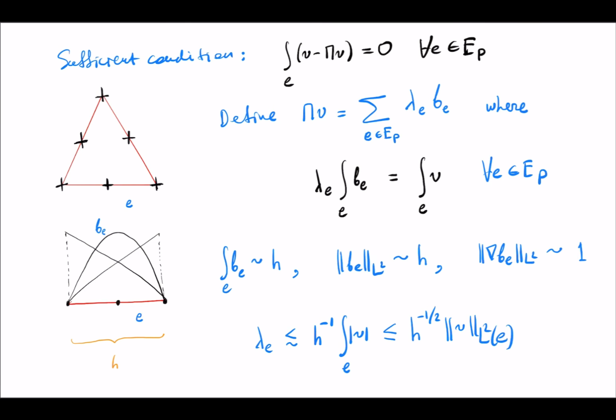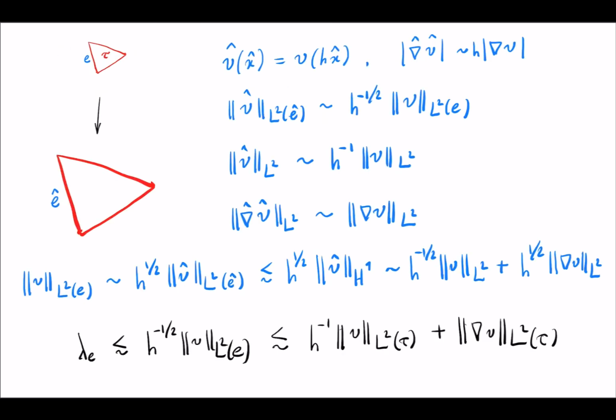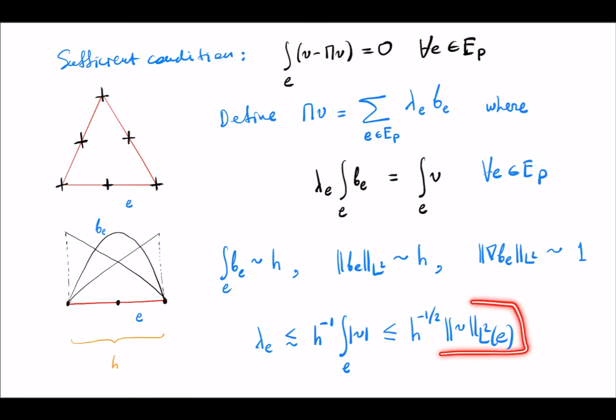Ultimately, of course, we want to compute the norm of pi v, so that's why we are computing these quantities. Now we want a bound on that norm in terms of the H1 norm or L2 norm of v.